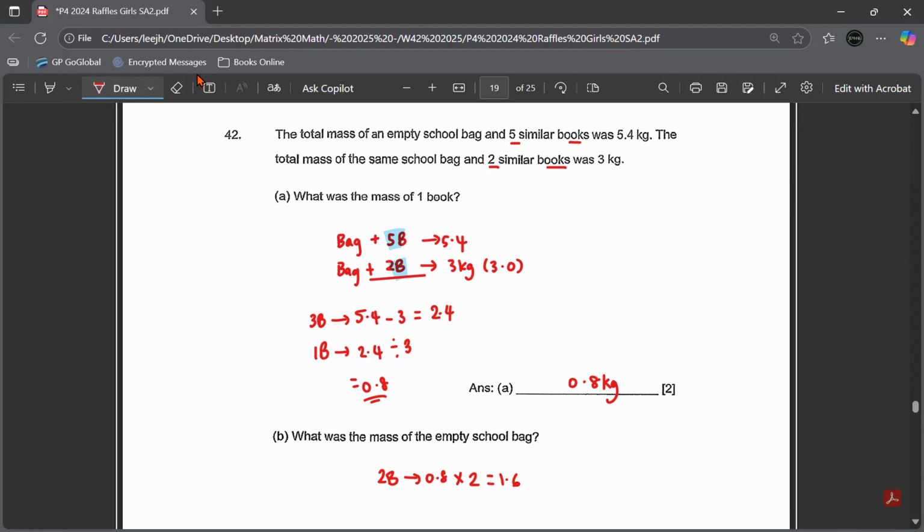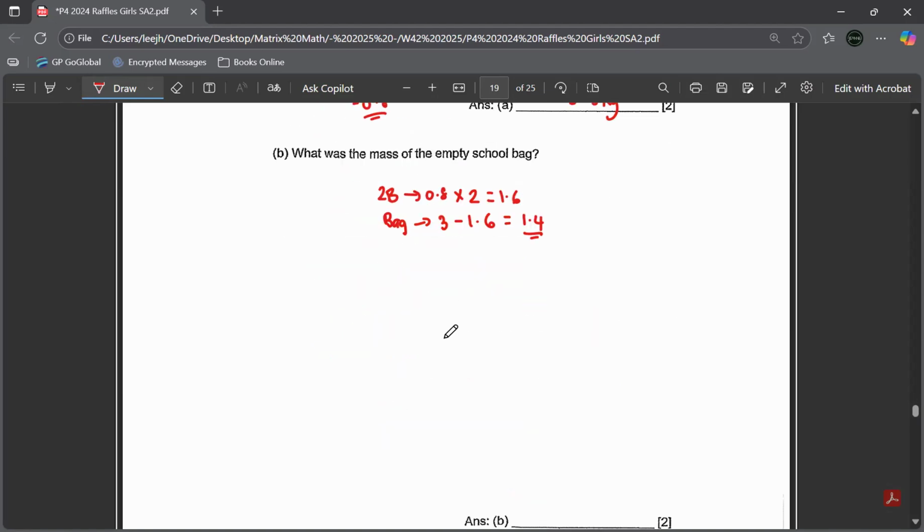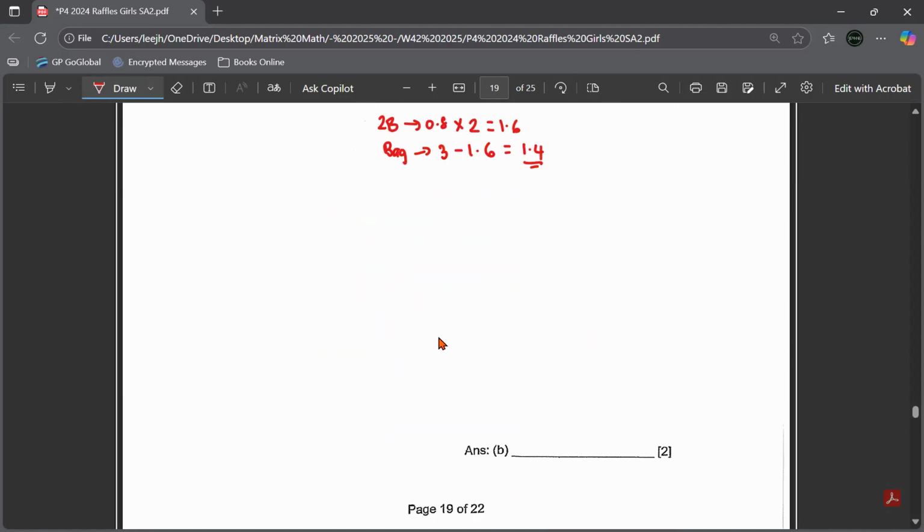But bag with 2 books is 3 kg. So what is the mass of the empty bag? So I take 3 minus 1.6. 3 is 3.0. Minus 1.6, 1.4. Answer, just fill up. 1.4 kg.